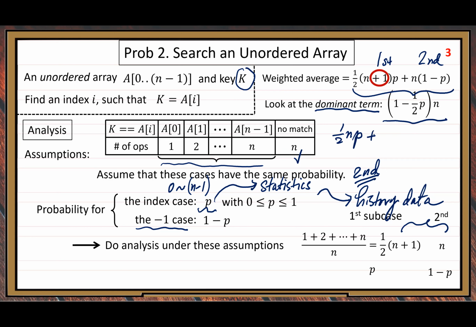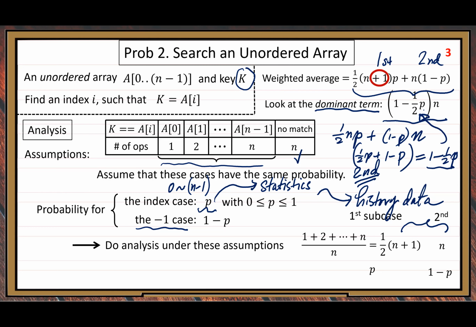The second term contribution, 1 minus P. We cannot ignore anything in this because this number needs to be multiplied by n. So look at 1/2 P plus 1 minus P, the coefficient part. This number equals 1 minus 1/2 P. That's the number inside the big parenthesis.